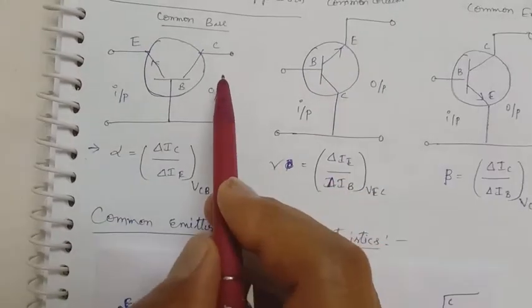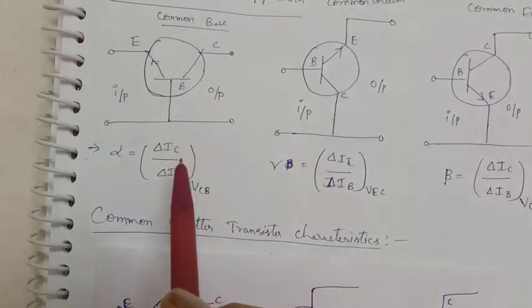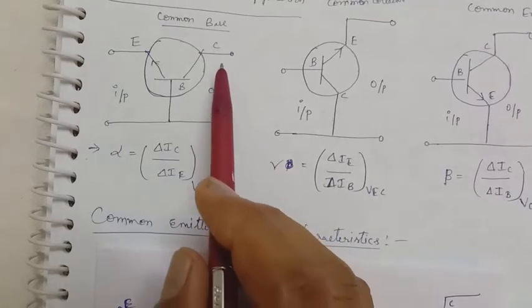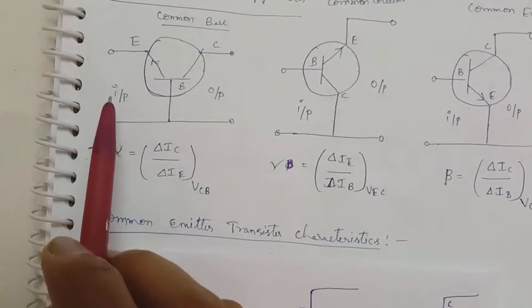Output is taken from the collector. Input is taken from the emitter. So it is the change in collector current by the change in emitter current.